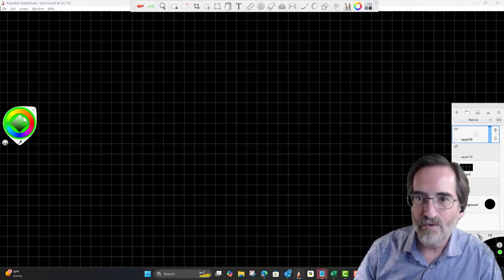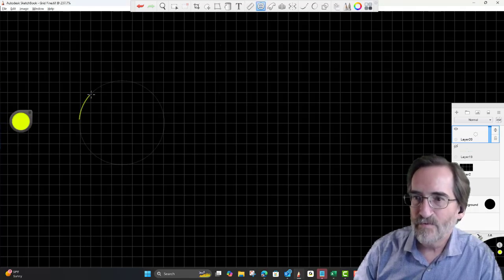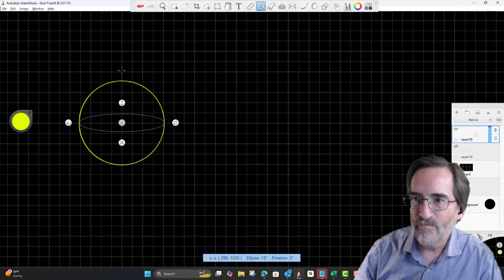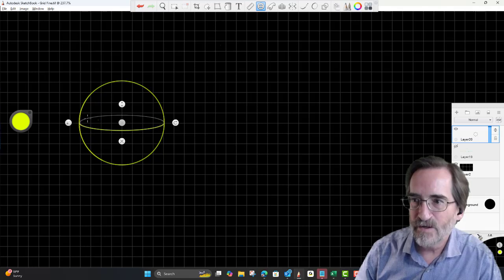Okay, so once again, let's draw our sphere, an outline, followed by an equator, solid in front, dotted in back, gives the illusion of 3 dimensions. Okay?